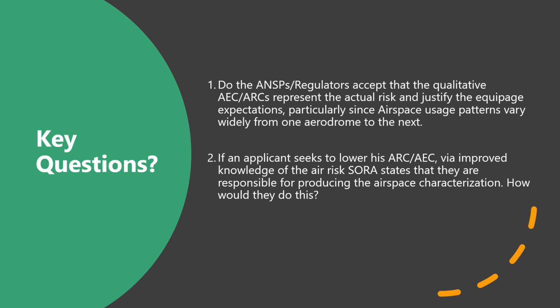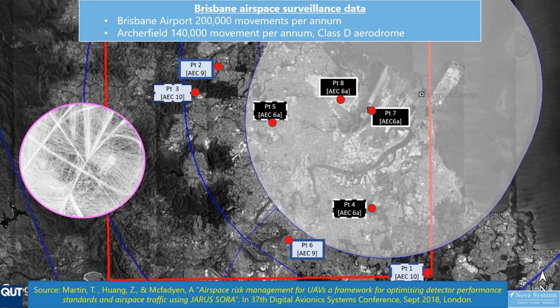So in regard to the first question, in 2018, myself and Aaron, who's one of the other members of the working group, and another gentleman, Zi Huang, scrutinised how well the qualitative elements were doing in capturing the real encounter rate around Brisbane. So we looked at all the AECs and cross-compared it with the qualitative definitions to get a feel for numerically what the encounter rates were.